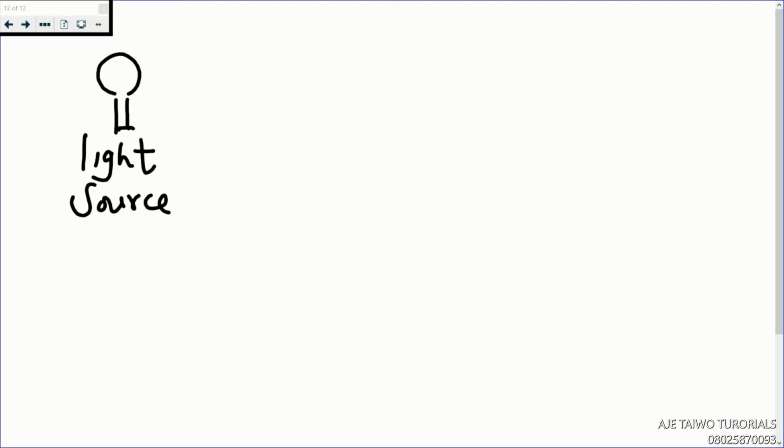See how the light is going. It can go like this. It's scattered. It goes in all manners of directions.